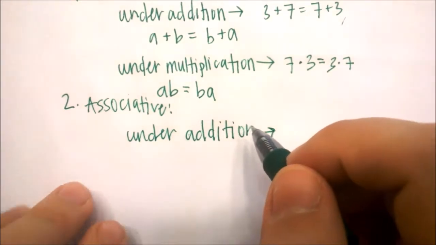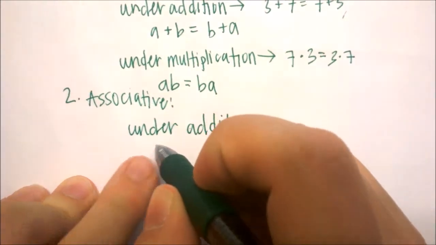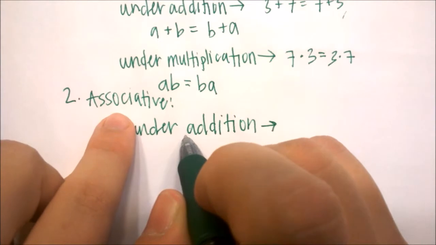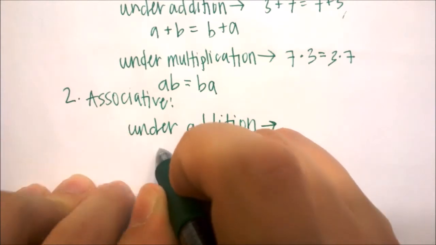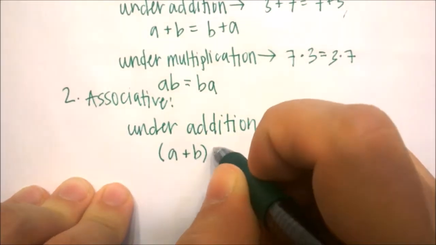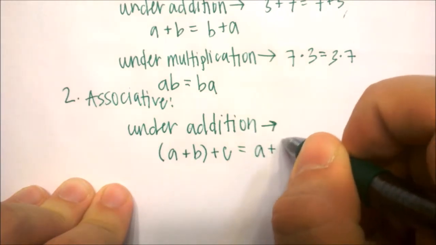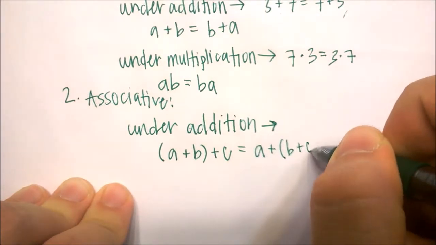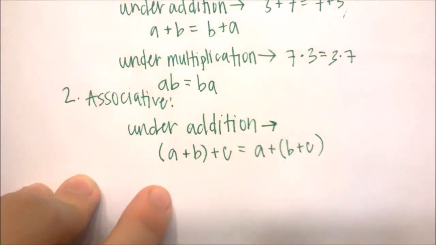Well, if we have three real numbers and we're adding them together, what it means if it's associative is that it doesn't matter what order we add them. So we can add A plus B first and then add in a number C. Or we can add A to the sum of B plus C. It doesn't make a difference what order we add them.